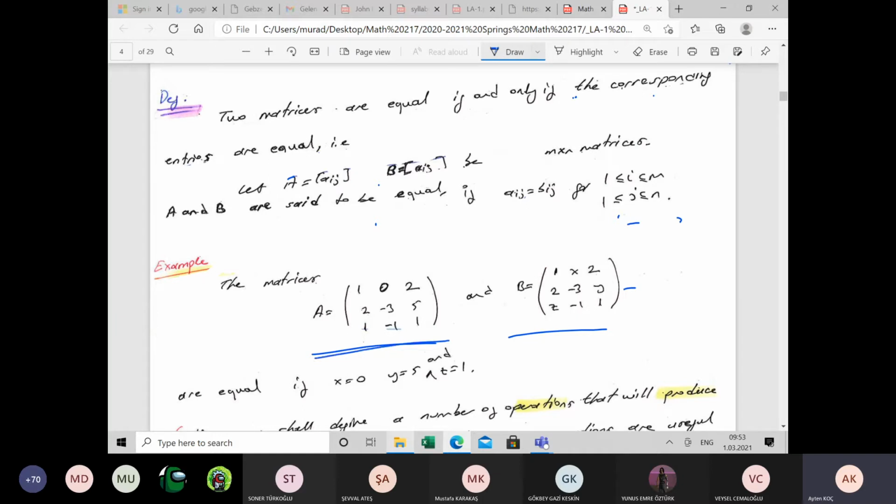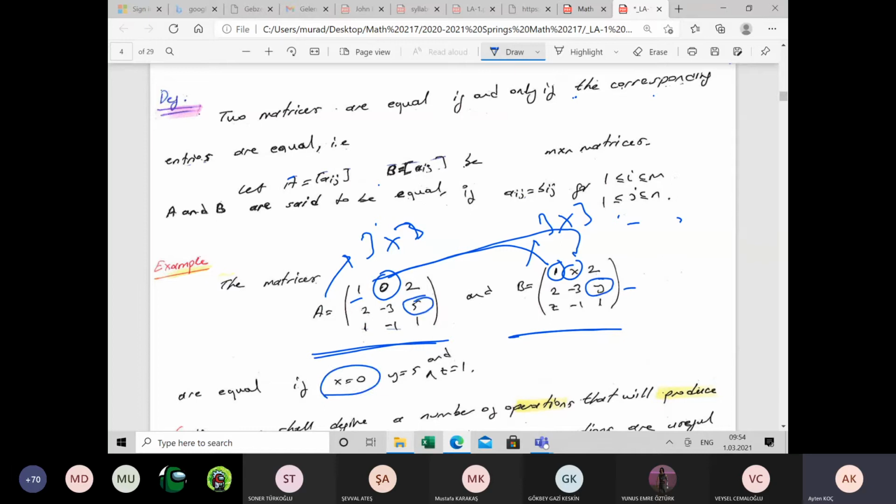Look at A and B. The dimension is 3 by 3, and this one is 3 by 3. Yes, the same dimension. And the corresponding entry a sub 1 1 is 1. Yes. And the 0 should be x, so x should be 0. And the y here should be 5, and z is 1.